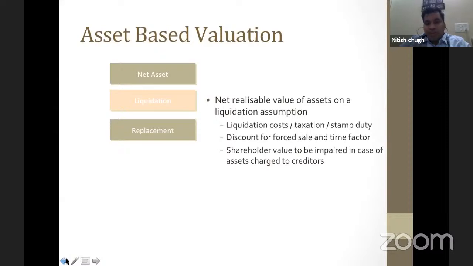So most of the promoter entities, those who have invested in those entities that have been subjected to IBC or liquidation, their value has been reduced to zero. So the third point relating to shareholder value to be impaired in case of assets charged to creditors is the perfect example of IBC cases.